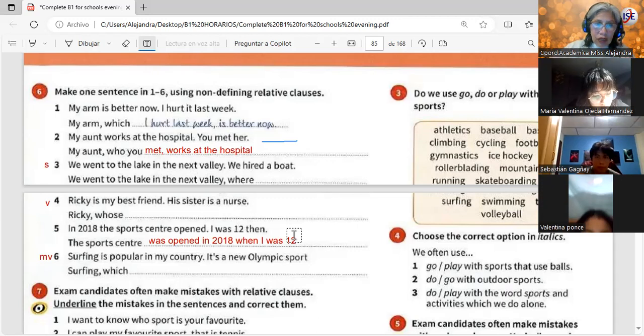That's the answer. The sports center was opened in 2018 when I was 12.